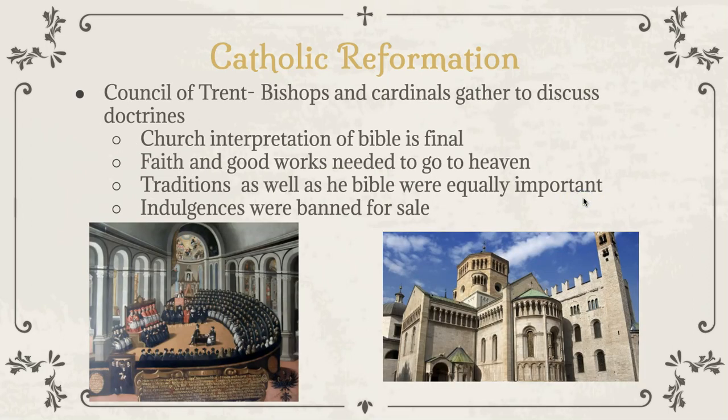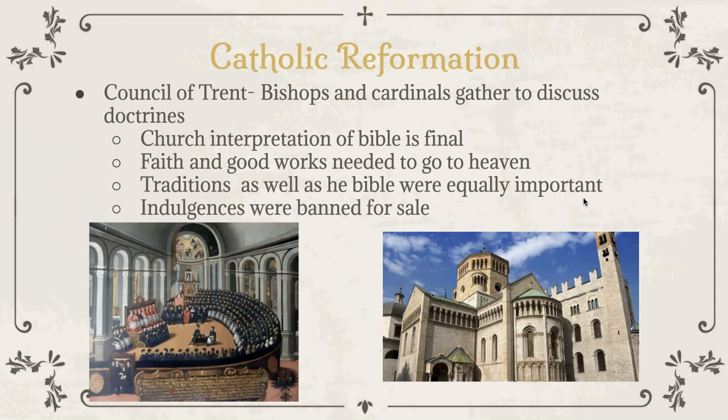And this is all really solidified with the Council of Trent. Pope Paul IV will convene his bishops and cardinals at a castle in northern Italy, in the city of Trento, in the Alto Adige part of northern Italy. They come together to solidify what the church doctrine is moving forward.